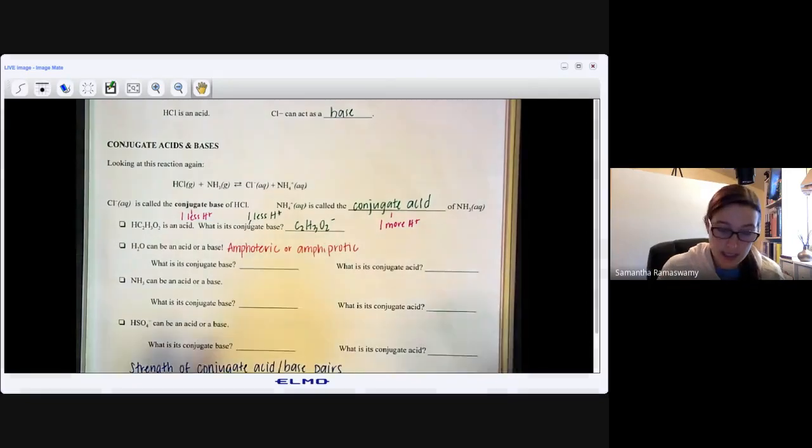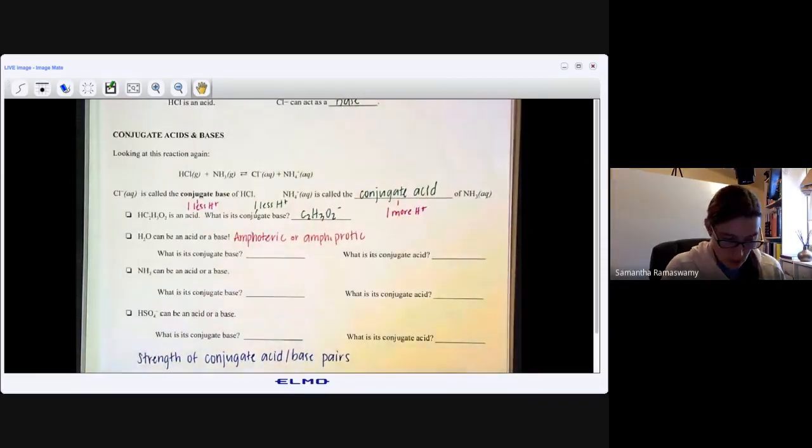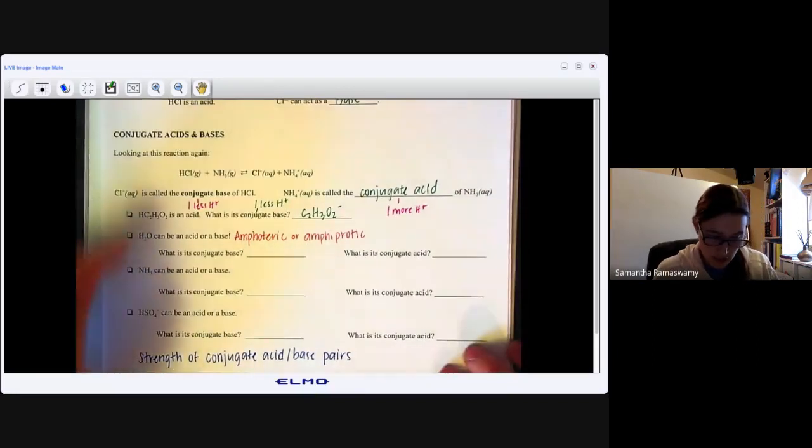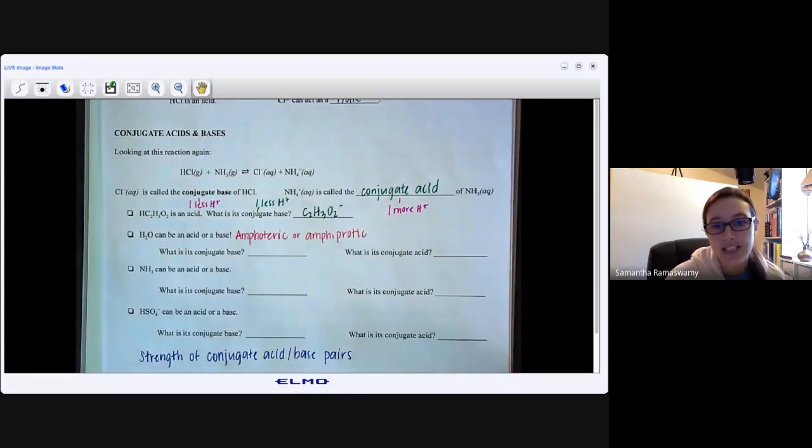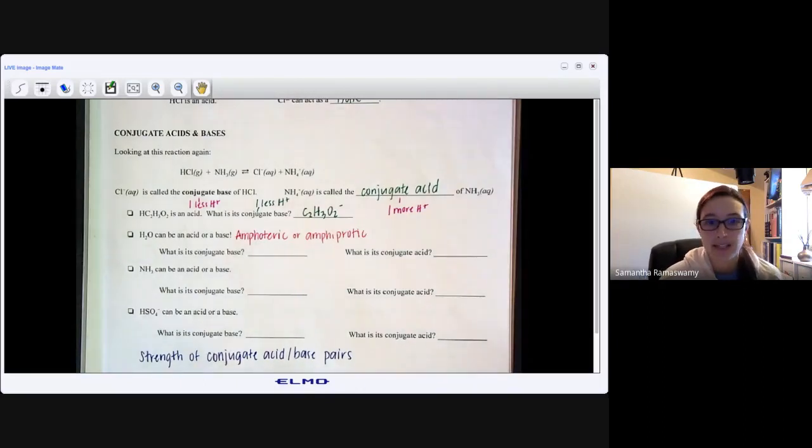Now water is unique. You can see here H2O, NH3, and HSO4 minus can all act as an acid or as a base. They're called amphoteric or amphiprotic. When something can act as an acid or a base, it's called amphoteric.